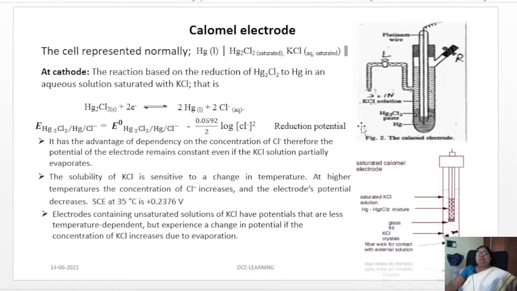For example, if the calomel electrode works at 35 degrees centigrade, its EMF is 0.2376 volts. If we take an unsaturated solution instead, which is temperature independent, even when the temperature increases and there is evaporation, the concentration of KCl increases, and therefore there is a decrease in the electrode potential.